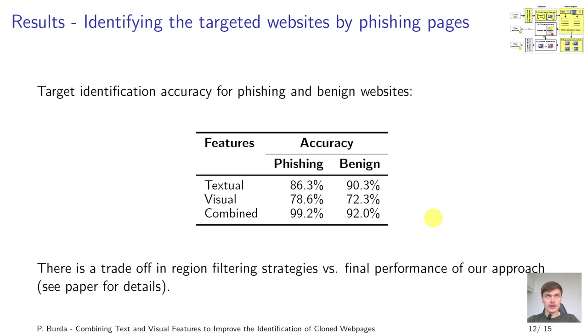What we obtain here is that we are able to identify the phishing and, respectively, benign websites with different accuracy depending on what features are used. For the textual-only or visual-only features, we obtain moderate accuracy, but by combining them, we obtain 99.2% for phishing and 92% for benign accuracy in identifying the targeted websites.